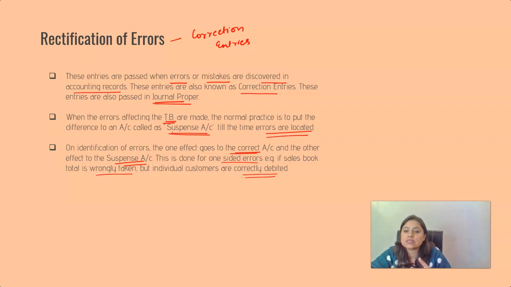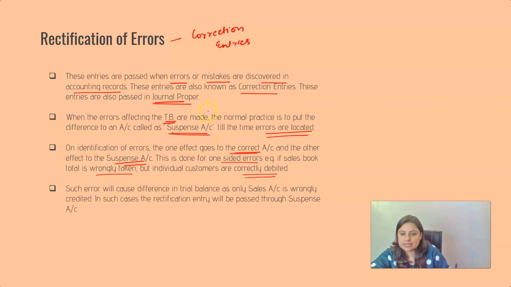So for instance, the total of the sales book is wrongly taken, however the individual customers, once evaluated, show the correct debit entries. In that case, there would be a single effect given to the sales book in which the total is wrongly taken.